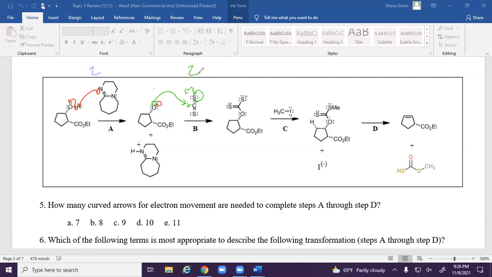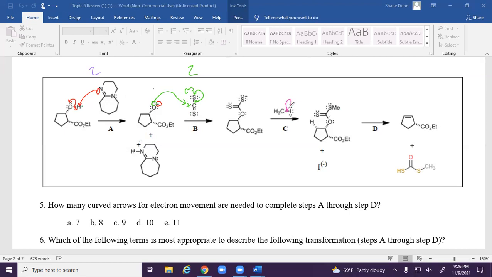What does Me stand for? Methyl. So where's that methyl group come from? The H3C. There we go. So iodine is a halogen, correct? Yep.